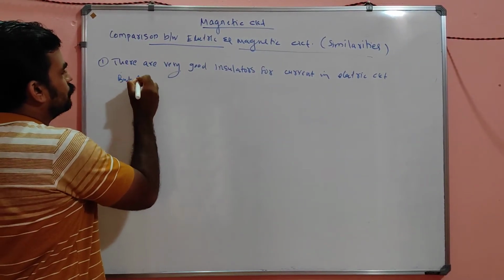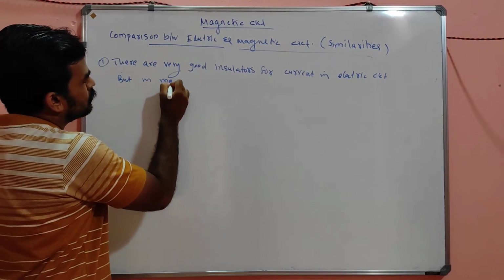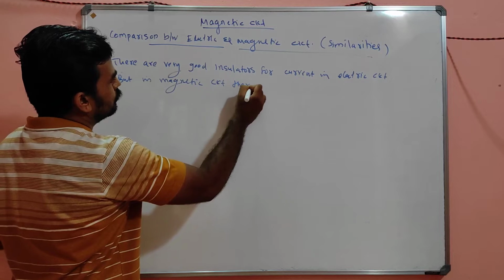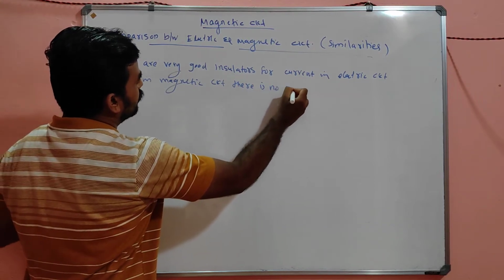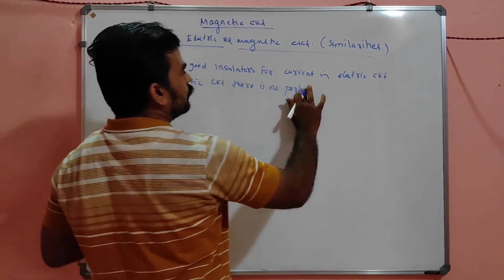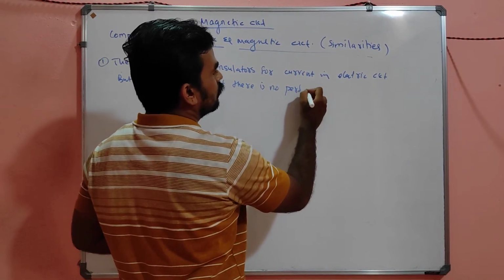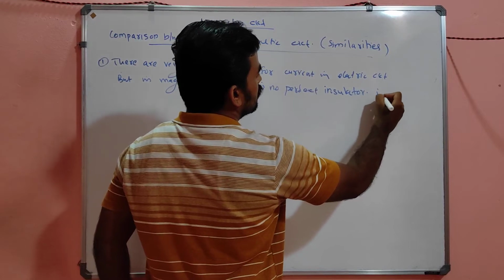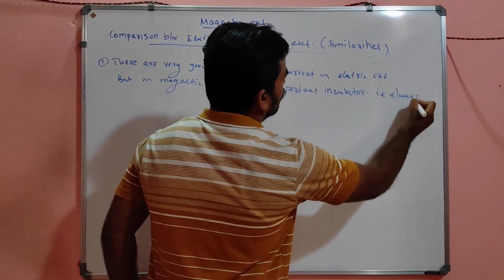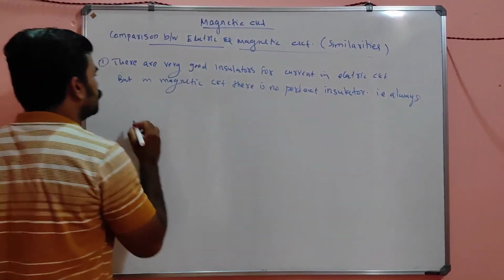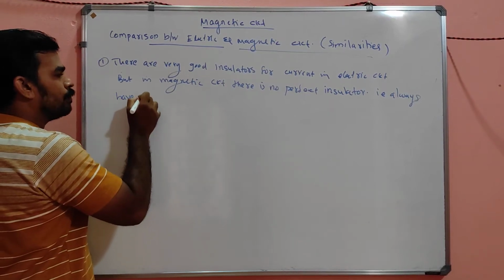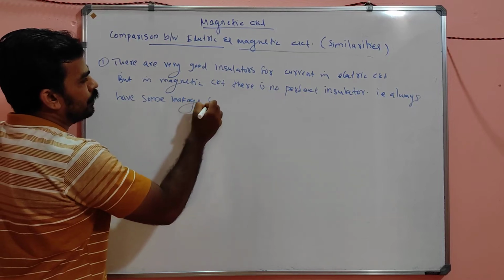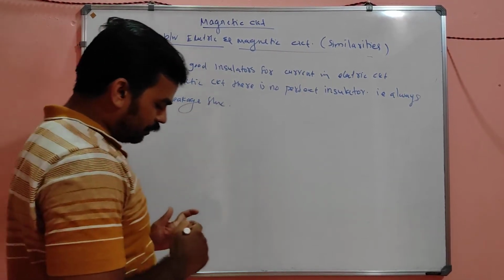But in a magnetic circuit, there is no perfect insulator. That means we always have some leakage flux. Very, very important, my dear.